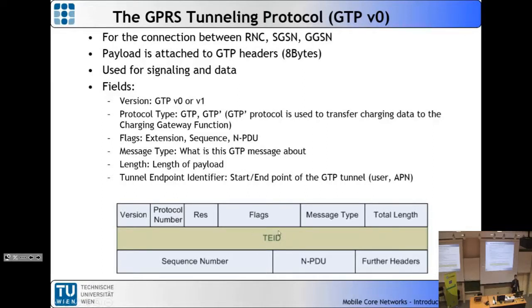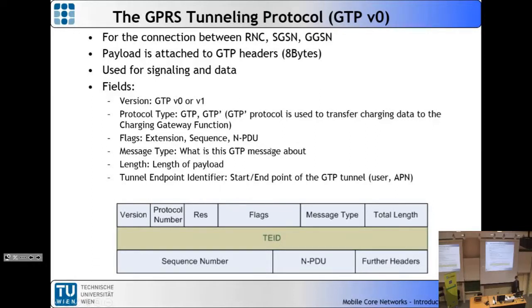And this identifier is what identifies your mobile. Like an IMSI identifies your SIM card, this endpoint identifier will always be the one that identifies the user itself. So this is a unique identifier that identifies your PDP context in this case.